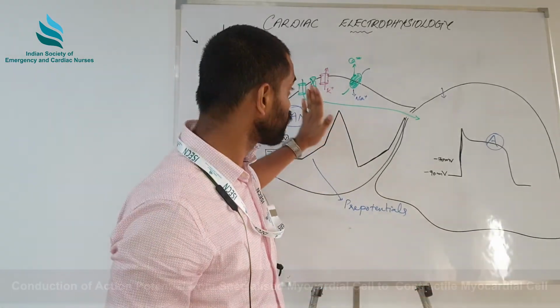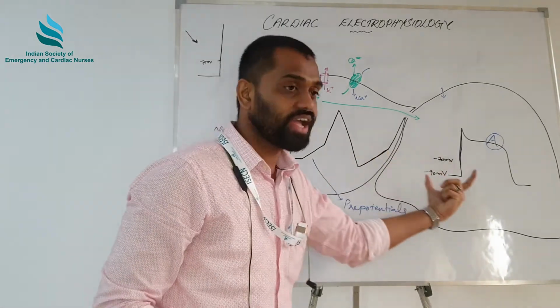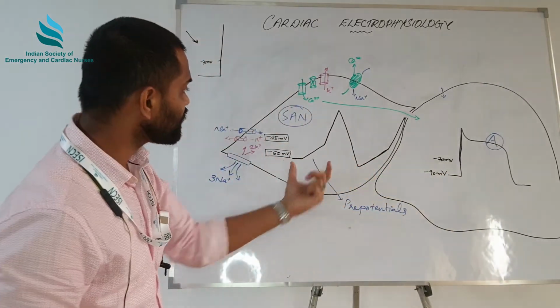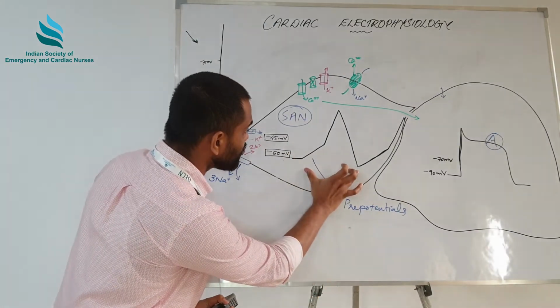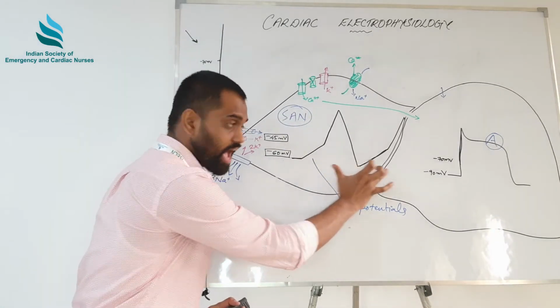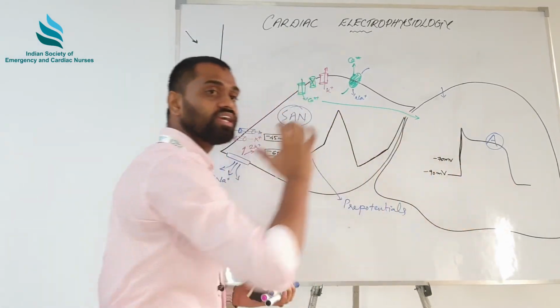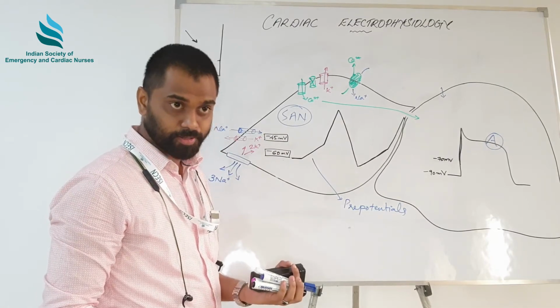So this is how the impulse is transmitted from the SA node to the atrial cell. From here itself, you will be able to identify the difference between the action potential waveforms of the saNodal cell and of the atrial or contractile myocardium.